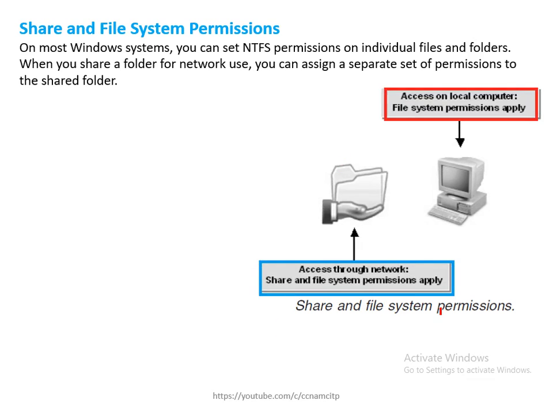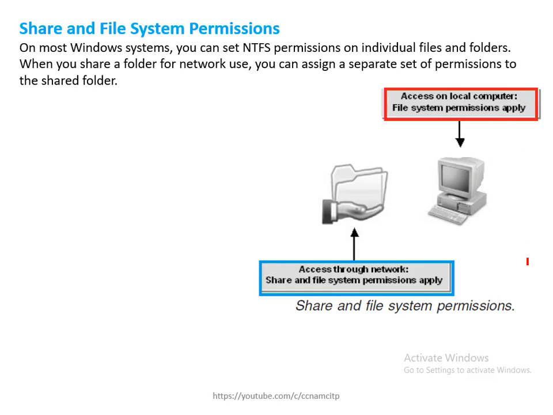So share and file system permissions. For example, this is a computer, access on local computer and access remotely. For example, I am a user, I logged into this computer, and I want to access those resources remotely as well. So what will happen? Access on local computer, file system permission applies.